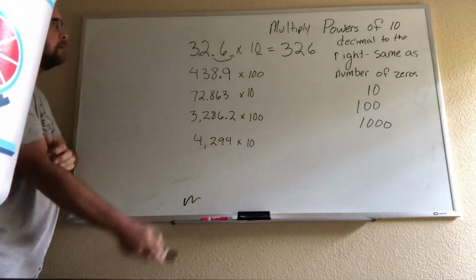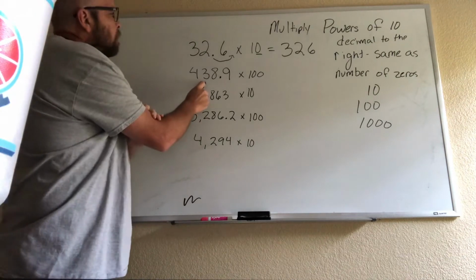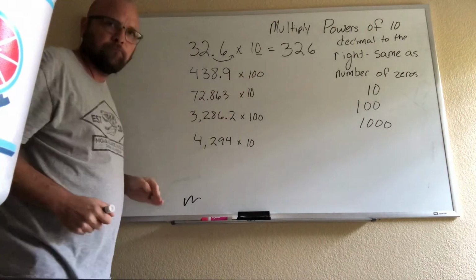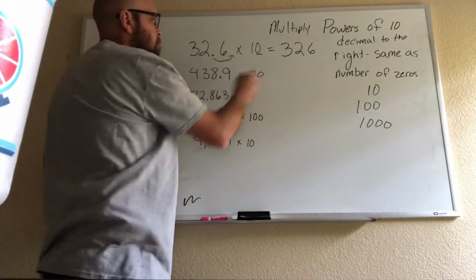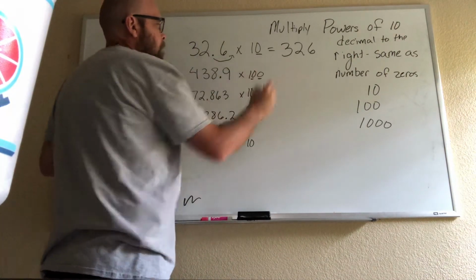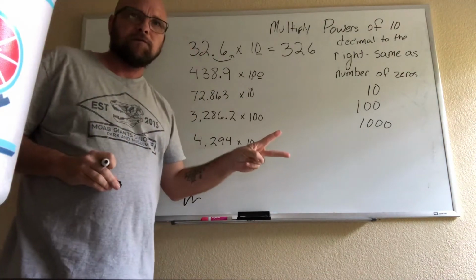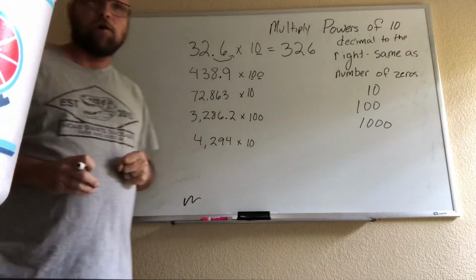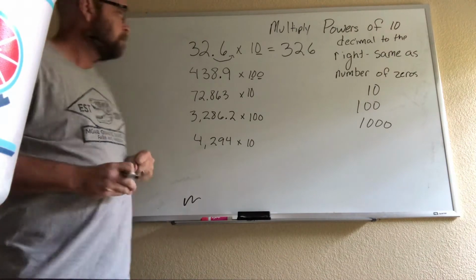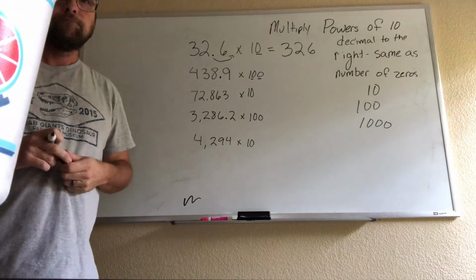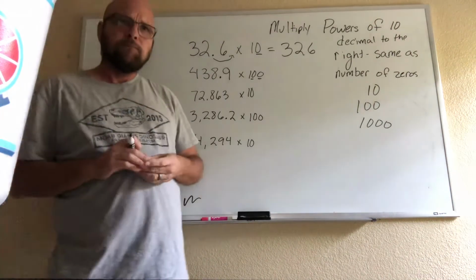Now we have 438 and 9/10 times 100. Two zeros, which means we need to move it to the right 2 times. However, we have a problem because there's only one number behind the decimal point. Elizabeth?